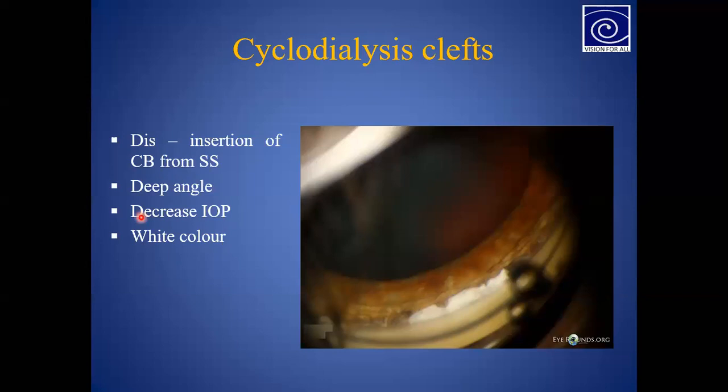The angle is deep, which is related to the anterior chamber depth, so the anterior chamber depth will be deep, not narrow. The IOP will also be decreased if there is a cyclodialysis cleft, and the structure will look whitish like this.